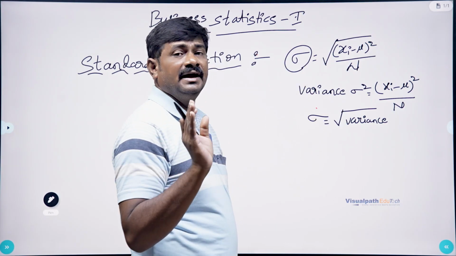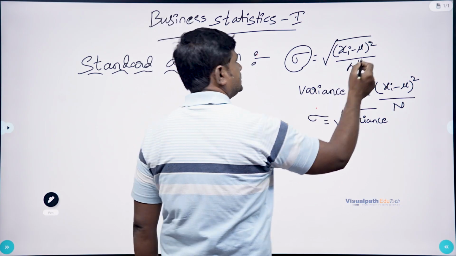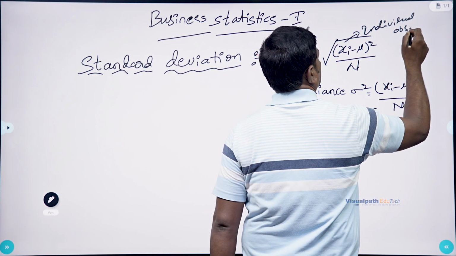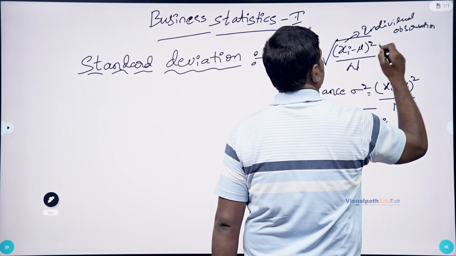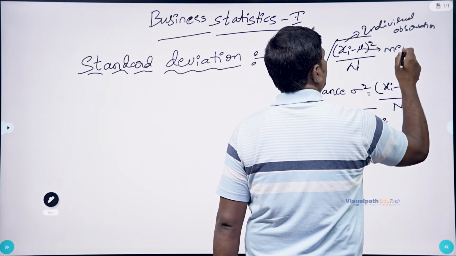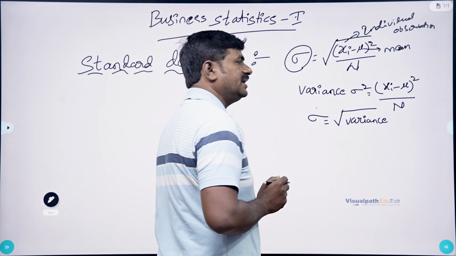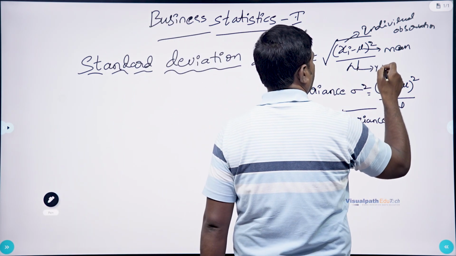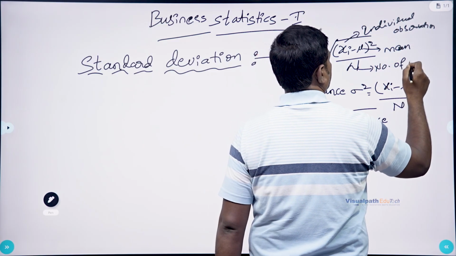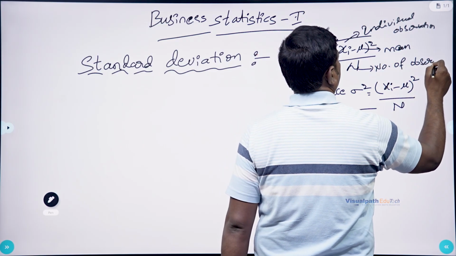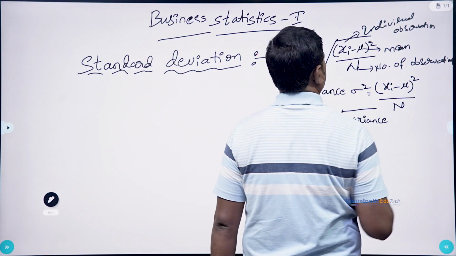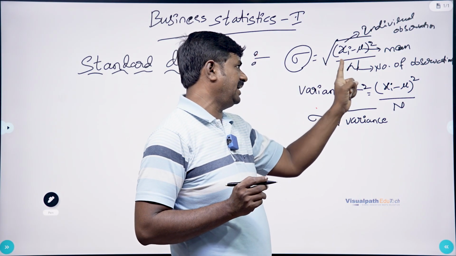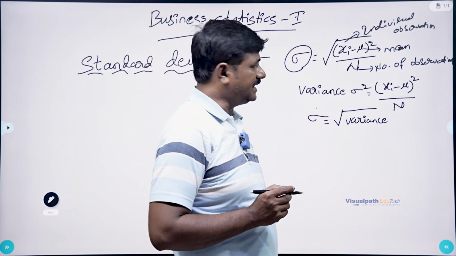Here xi is the individual observation, mu is the mean, and n is the number of observations. From this we can calculate the standard deviation.